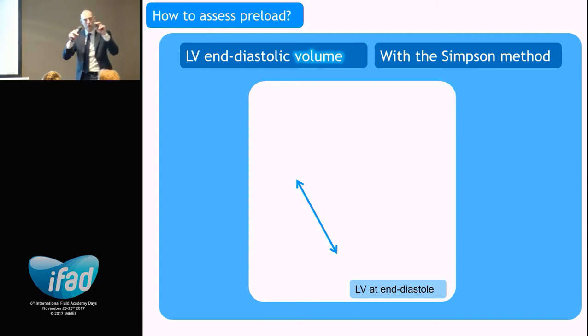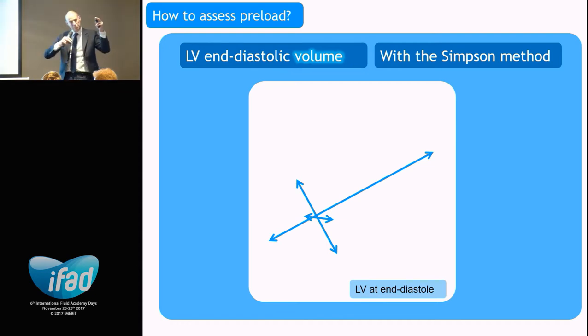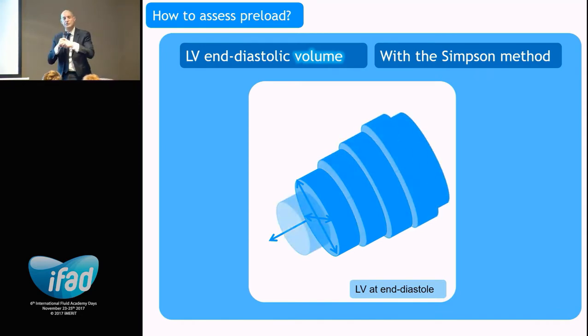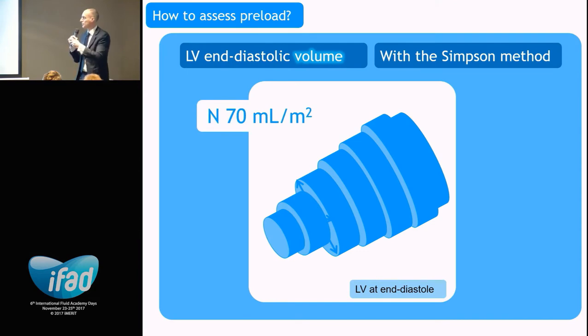It will ask you to measure the diameter of the left ventricle in 2 different planes and the length of the left ventricle, and automatically the machine will measure the volume with the Simpson method. This gives you the volume of the left ventricle, which is again a marker of LV preload, but it is more difficult than the E over E prime ratio, and it's the source of more errors in measurement.